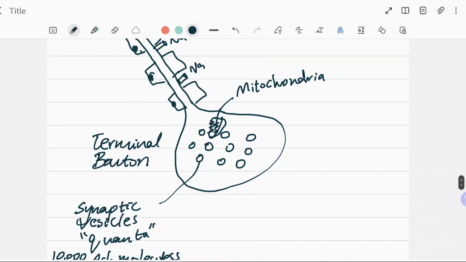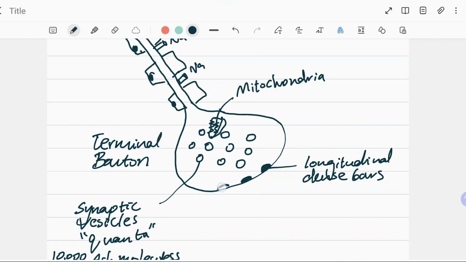What else do you have over here? Well, you have areas called active zones, where these vesicles containing acetylcholine will fuse when an action potential comes down. They are located next to bar-like structures called longitudinal dense bars.